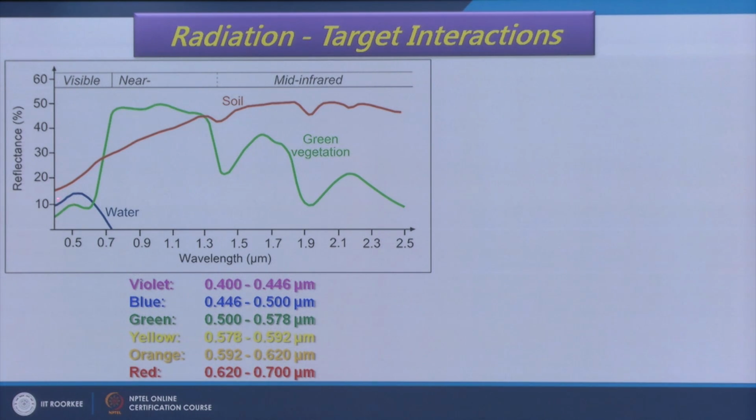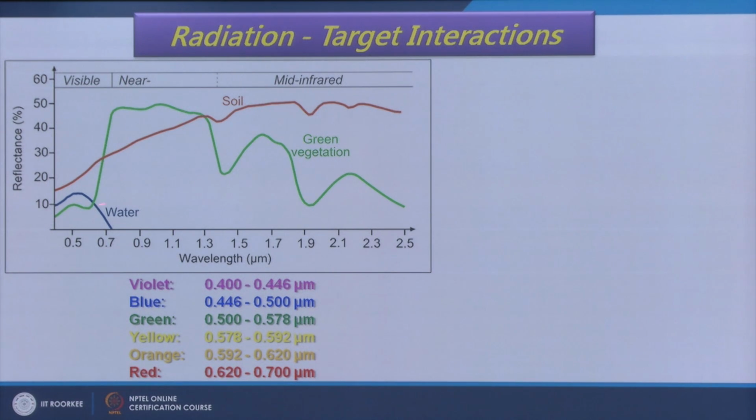Whereas bare soil increases very smoothly, and in mid infrared it reaches the maximum, and therefore you do not see much reflection of bare soils in the early part of the EM spectrum, especially visible and near infrared.